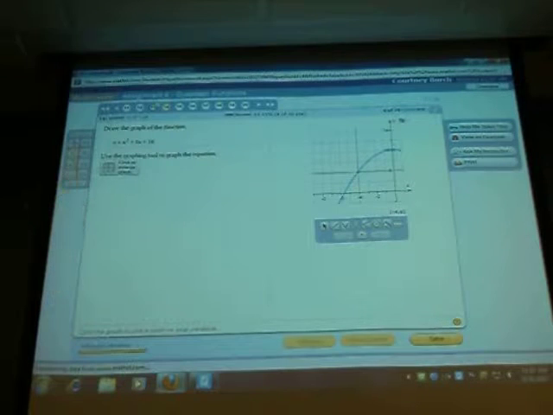So if you want to graph it, then the first point you click on needs to be the vertex. So before I do anything here, you want to find the vertex first.